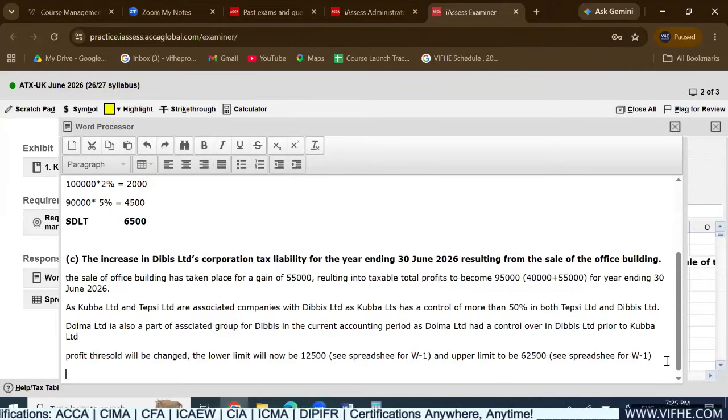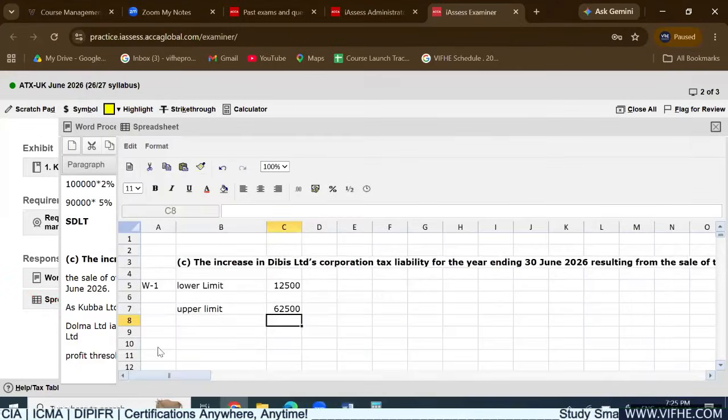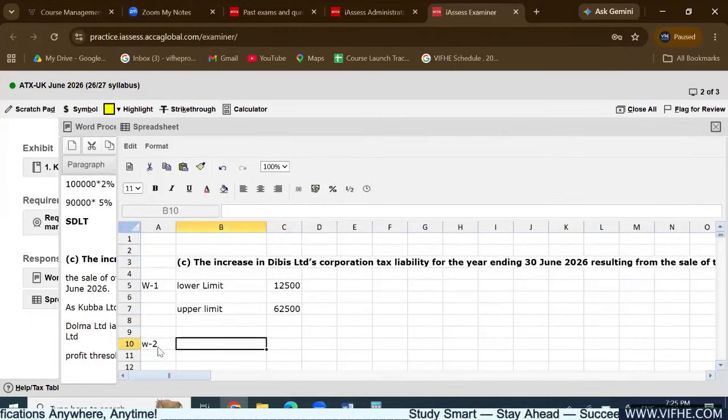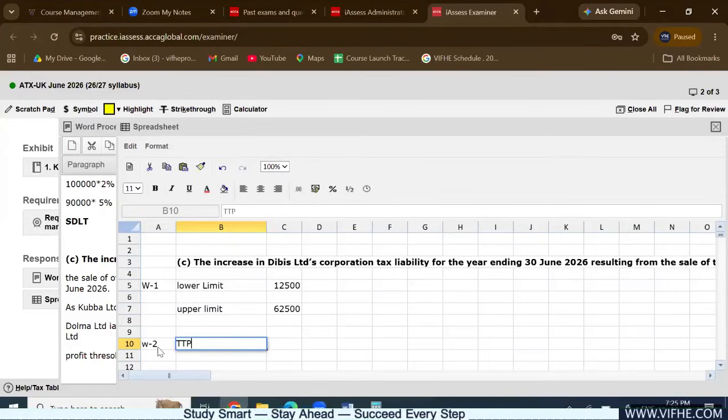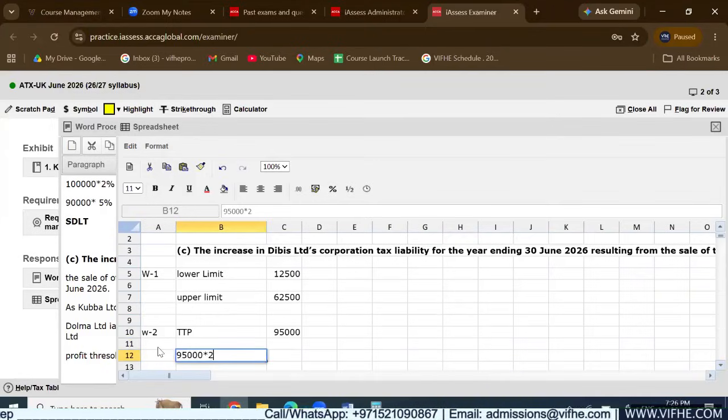Okay, so what we are going to do, I am now going to calculate the corporation tax value. This is working two. Sorry, 95,000 pounds is the taxable total profit. First of all, I shall be charging the main rate, 95,000 pounds into 25%.